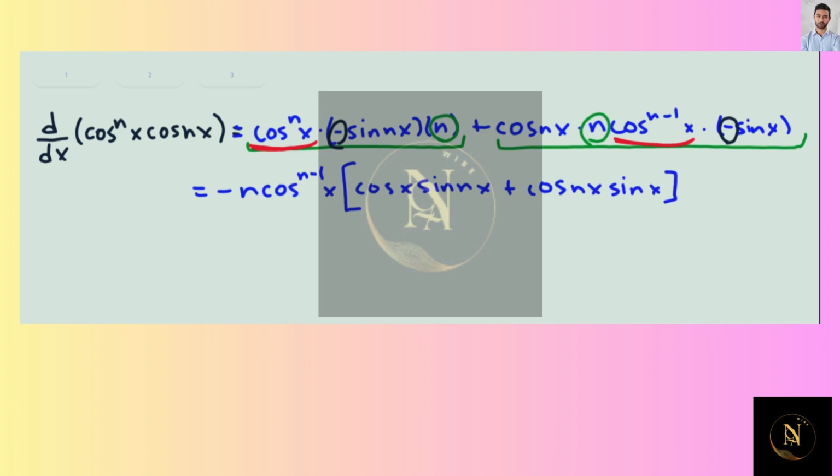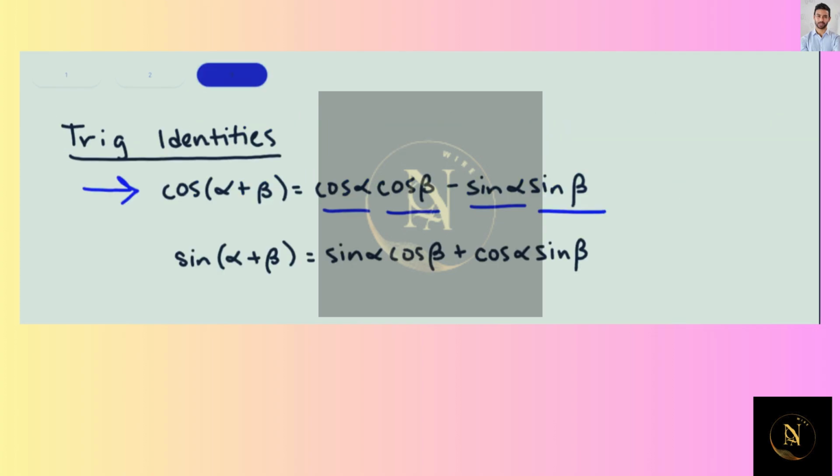So hopefully when we look at this expression, we remember, again, those trig identities. The sine of alpha plus beta is sine alpha cosine beta plus cosine alpha sine beta. So if we let alpha equal nx and beta equal x, then we have the sine of nx plus x.